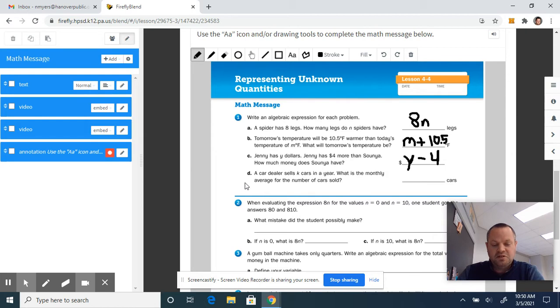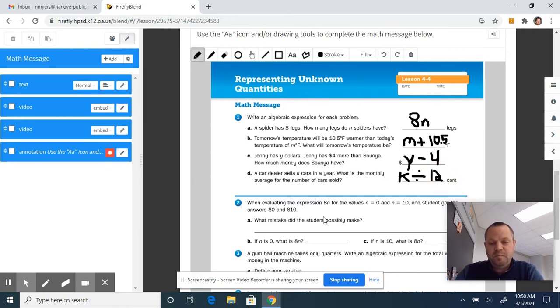D: a car dealer sells K cars in a year. What is the monthly average for the number of cars sold? Well, we should know that there's 12 months in a year. In 1 year, this car dealer sold K cars. That's all we know. Again, we cannot solve it, we can only set this up. So we would take the number of cars sold in 1 year and divide that by 12 to get their average per month.